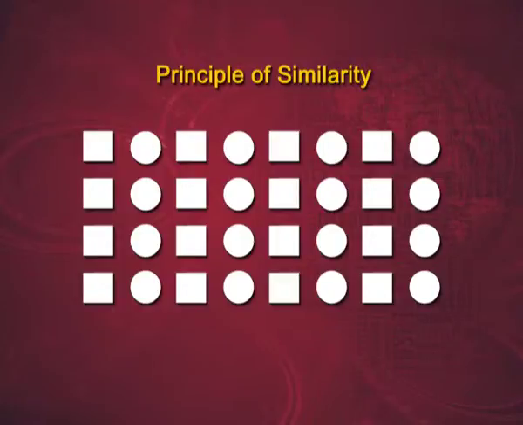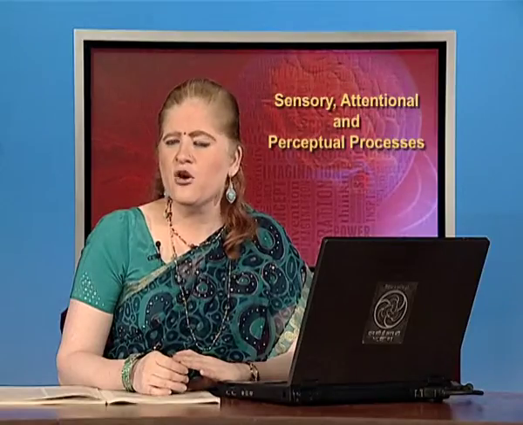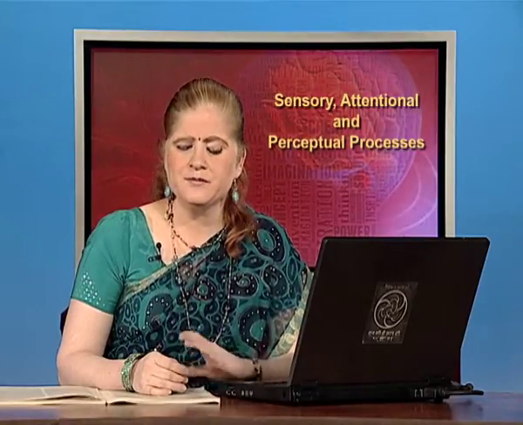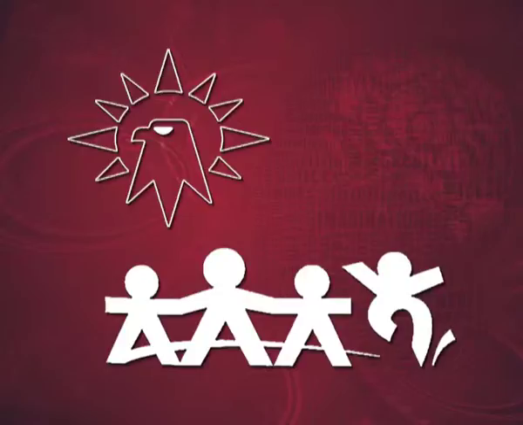In this diagram on your screens, you will say that there are different columns and rows of circles and squares, rather than saying that there is a larger rectangle. So, similar objects tend to be perceived together as one. Here in figure 1, you see an eagle in a circle. Why?